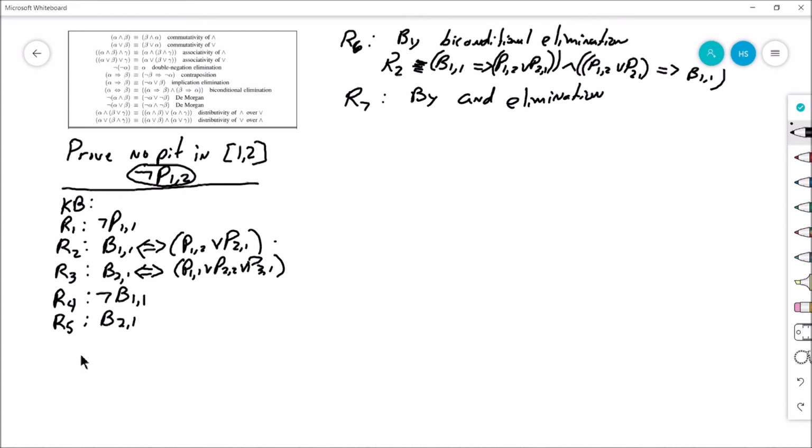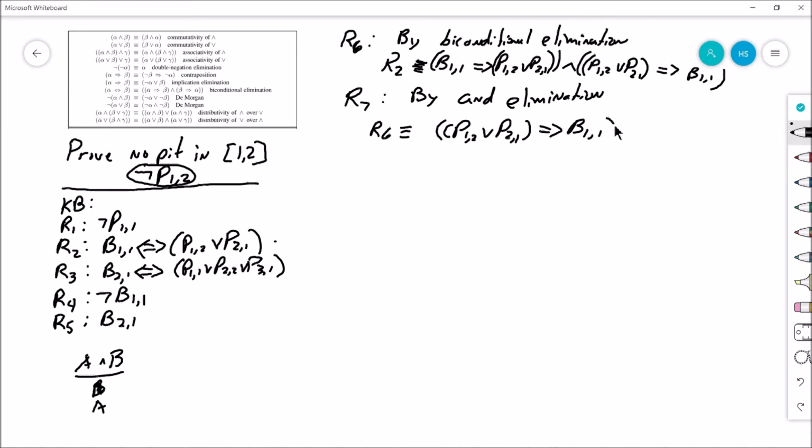Remember, and elimination was A and B can infer A. By that, we're able to come up with a new sentence, and R6 is going to be logically equivalent to this, P12 or P21 implies B11.